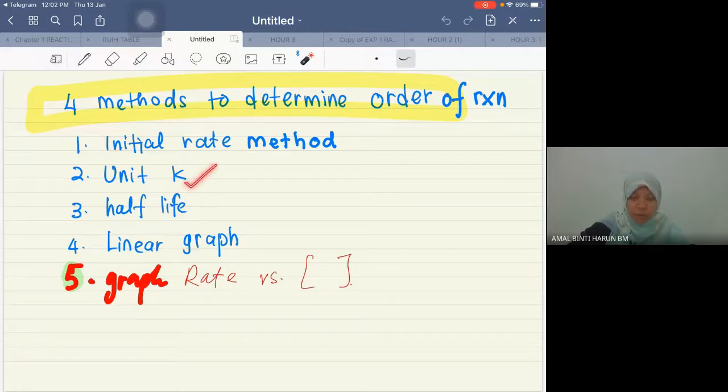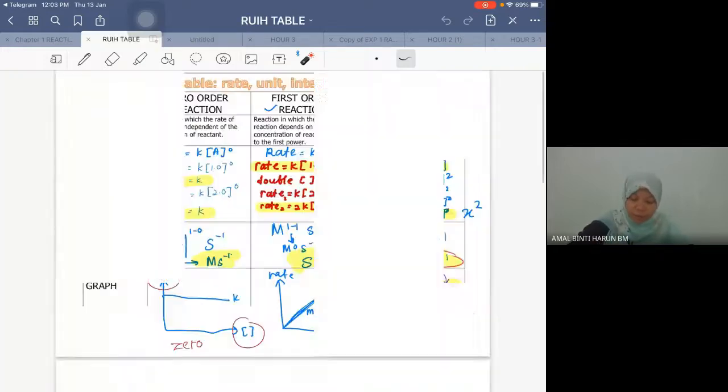Okay, based on soalan yang kita lalui daripada tutorial hour 2, kita dah dapat predict order of reaction based on unit K. And then daripada graph half-life saya belum explain lagi. Daripada linear graph pun belum lagi. Okay. And then graph rate method ni kita dah tengok pada rate table kan.